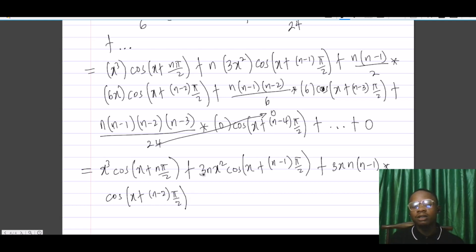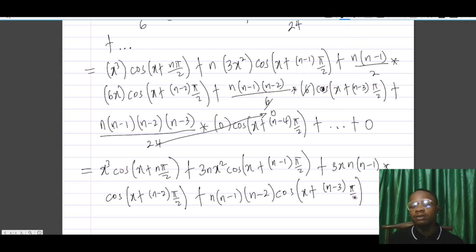then close the brackets. Then the next term here, this is 6, so this 6 will cancel this 6. Then what we have left will just be plus n into n minus 1 into n minus 2 multiplied by cos of x plus n minus 3 multiplied by pi over 2.